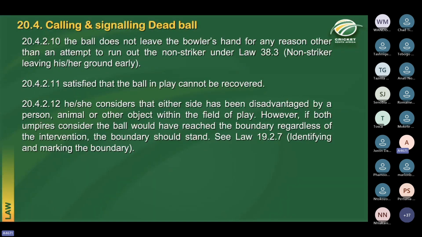If the bowler's end umpire doesn't think the ball is going or was going to go to the boundary if it wasn't for the ball hitting the dog, if the bowler's end umpire considers that either team has been disadvantaged by the ball hitting an animal or an unauthorized person in the field of play, then they will call and signal dead ball.